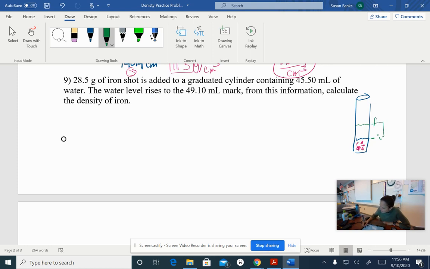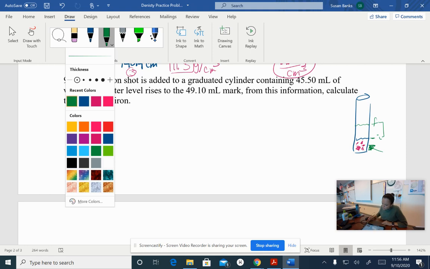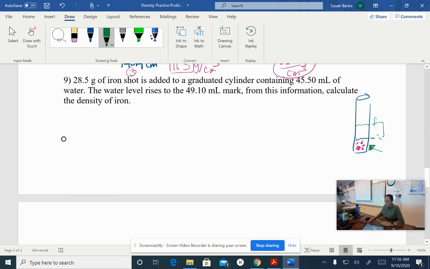And this difference here is the volume of the shot or whatever objects we put in here. So what we have to really do is find the difference between the two levels of water to give us the volume of the object. And then once we've got that volume, we can start constructing how to get the density.